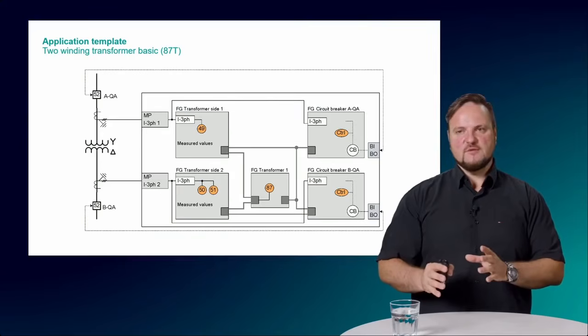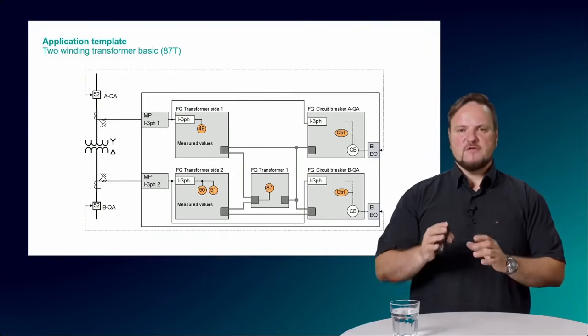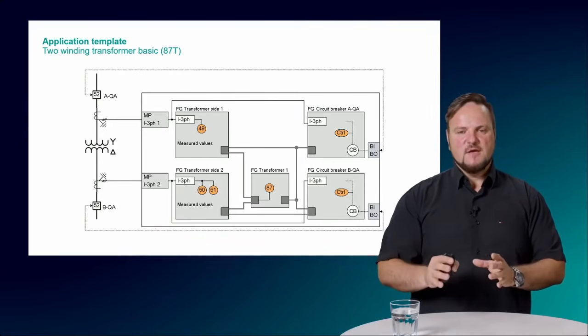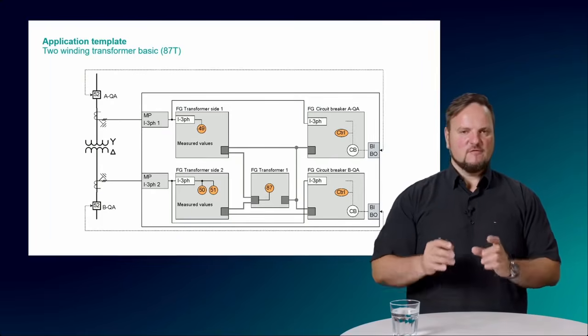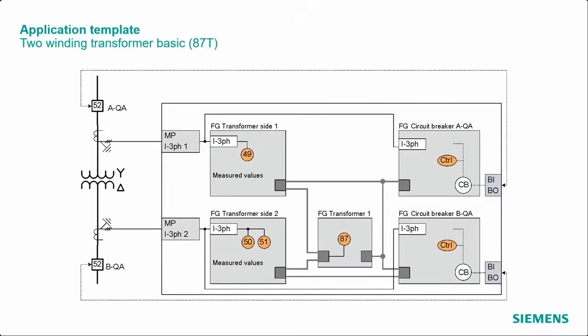You can start with these application templates, and for such a simple application, we have the transformer basic application. That means the transformer basic application template contains the two transformer sides and the FG transformer where we have the differential protection inside, and you see here with the gray lines that these function groups are connected with each other.